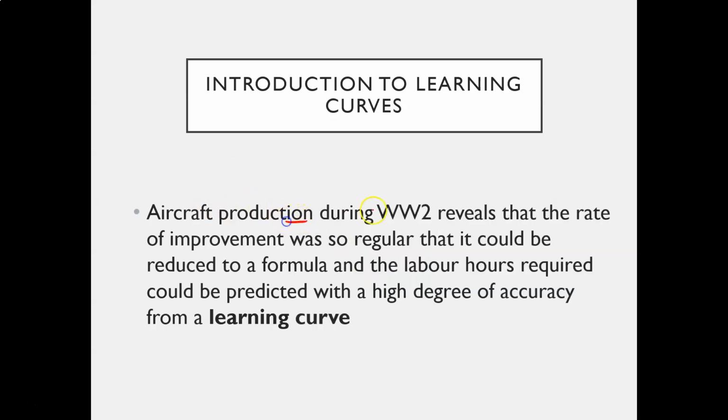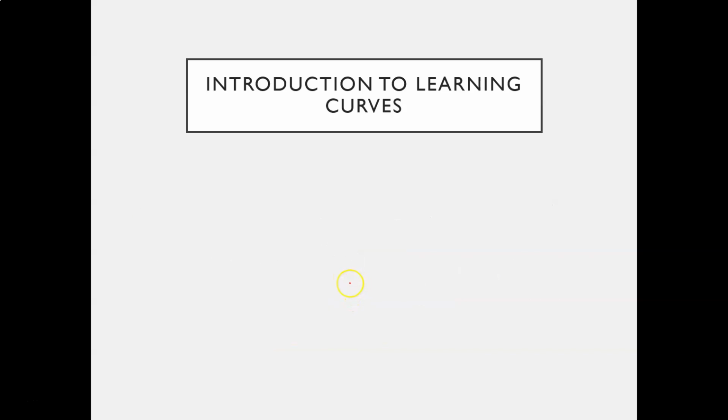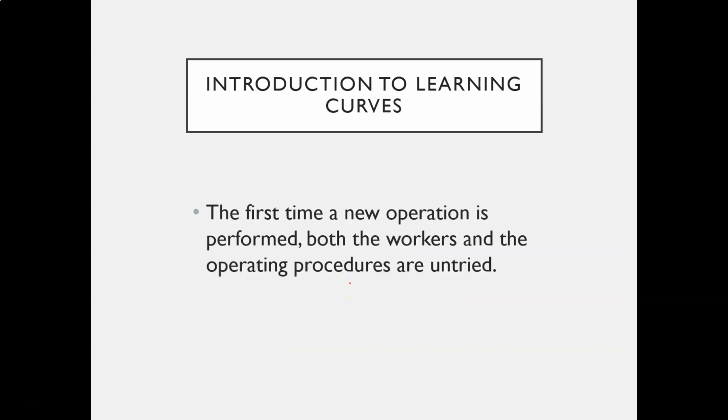Aircraft production during World War II reveals that the rate of improvement was so regular that it could be reduced to a formula, and the labor hours required could be predicted with a high degree of accuracy from this idea of a learning curve. So your people are learning as you're going along, and they're getting a better understanding of what is going on.